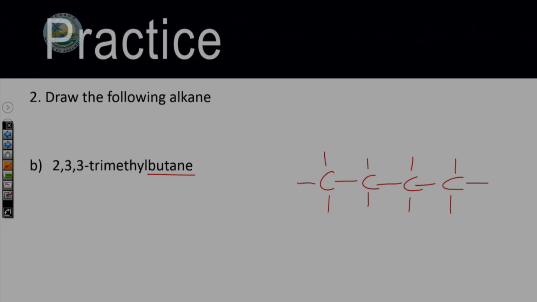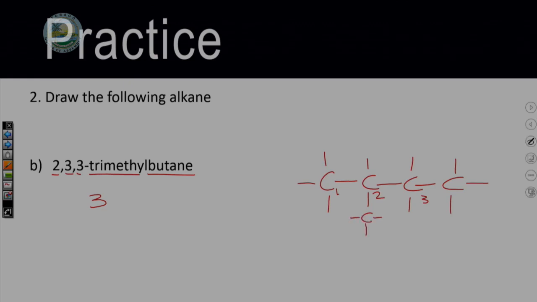And we want to have our branches now, which is trimethyl, which means that we have 3 methyl groups. And the numbers tell us where they are. 2,3,3-trimethyl. So I have 1 on the second carbon. 1, let's count them out, 2 and 3. Okay, so I have 1 methyl group on this carbon here.